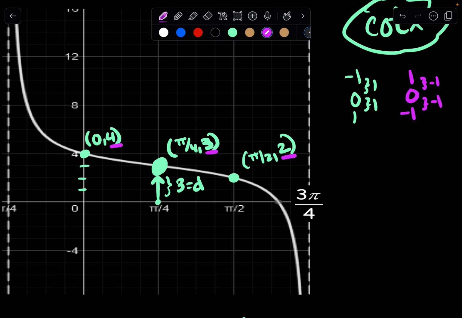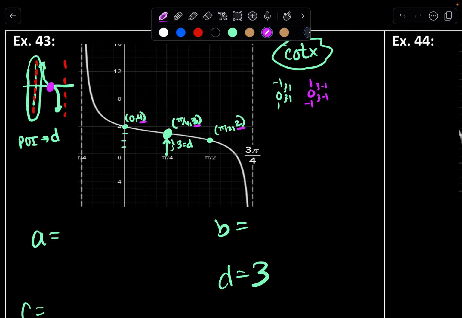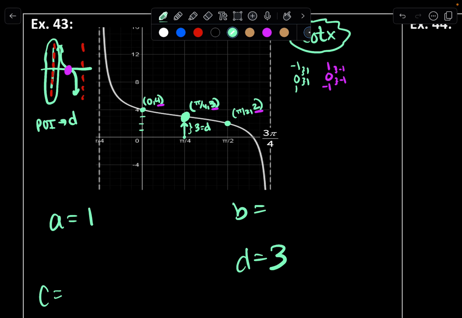So they are decreasing by 1, which means that our A value is going to be 1. Again, if we had something like 4, 0, -4, the output values would have a distance of 4 between them, which means your A value would be 4 for that vertical stretch with a scale factor of 4. But that's not the case.